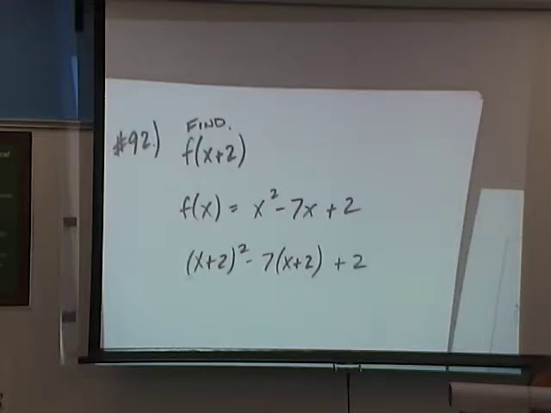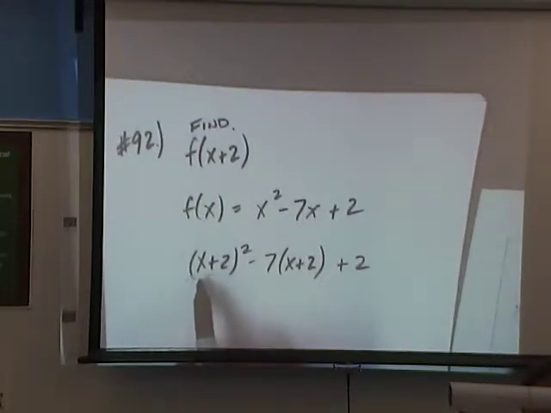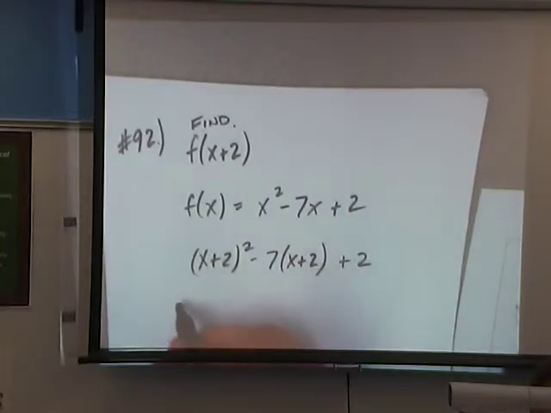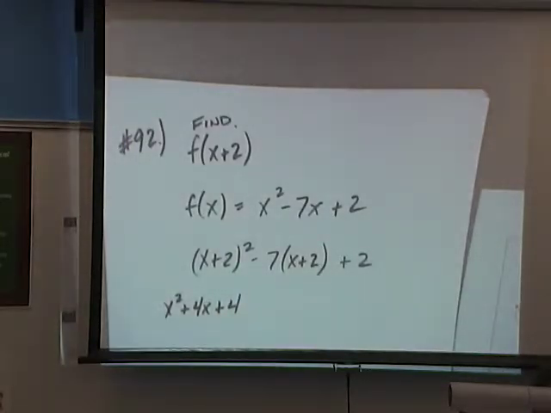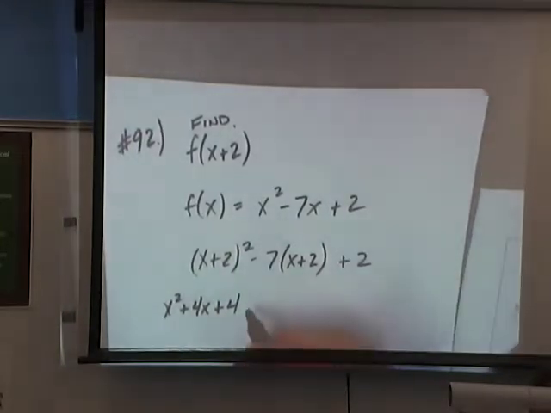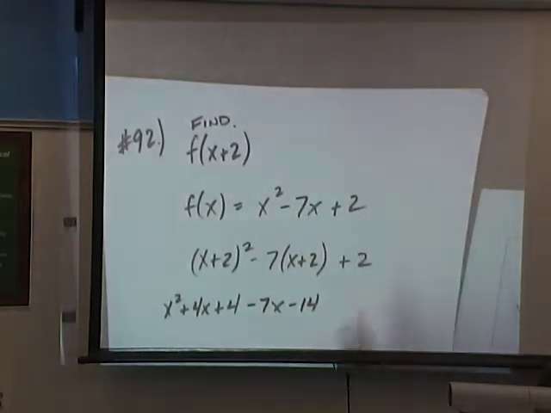So now we got to FOIL this out. x plus 2 times x plus 2, right? It's going to work out to be x squared plus 4x plus 4. Distribute the 7. Minus 7x minus 14 plus 2.